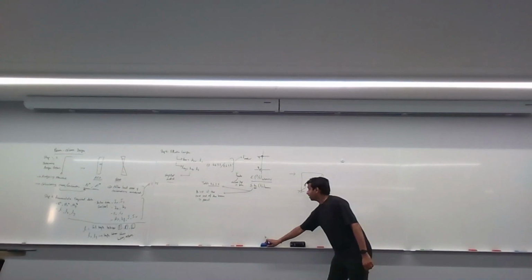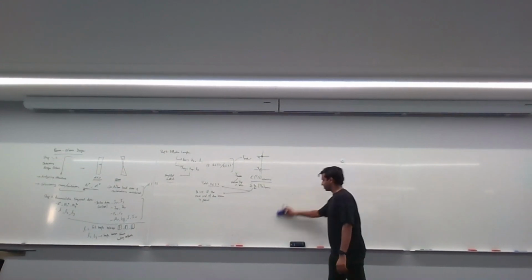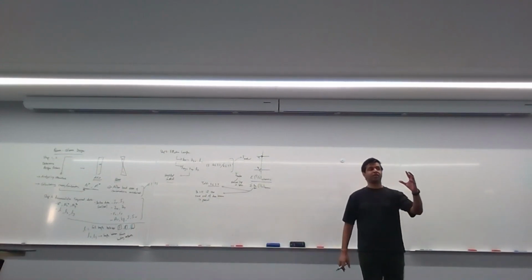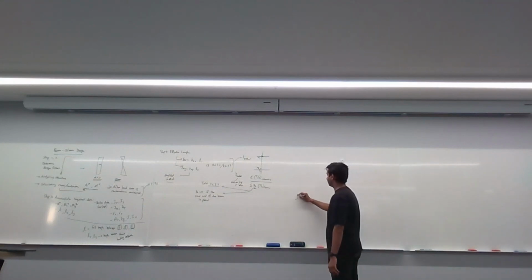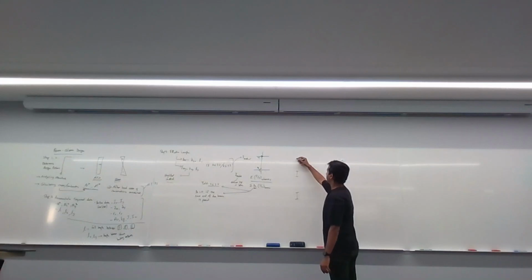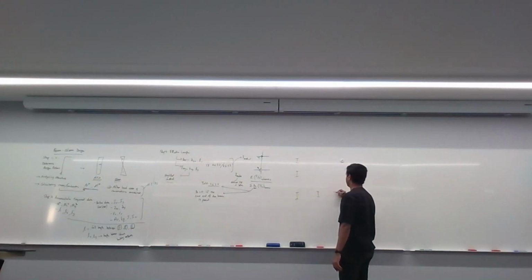Now I'm going to make it a bit more complicated. I'll draw you the frame in plan view. So let's say column, column, column, column, column.